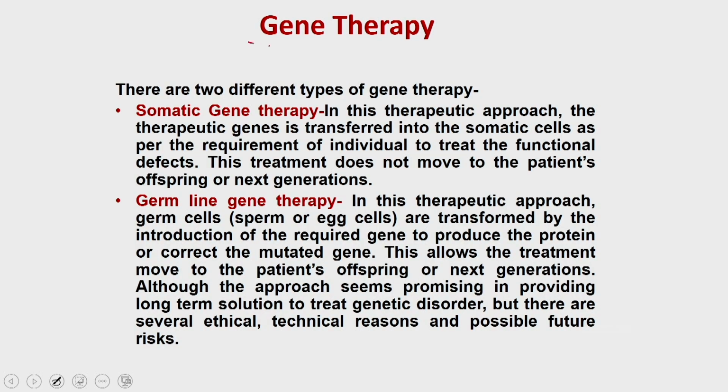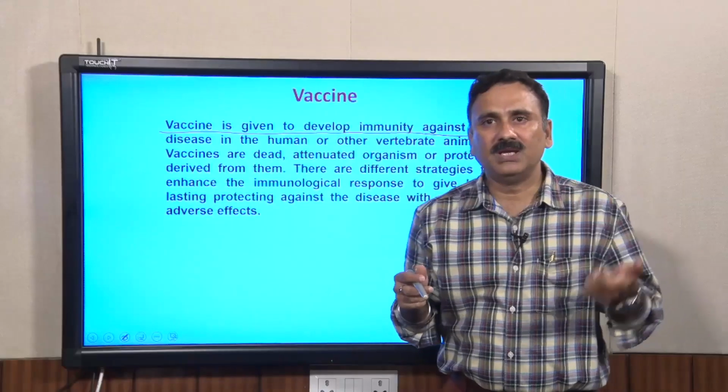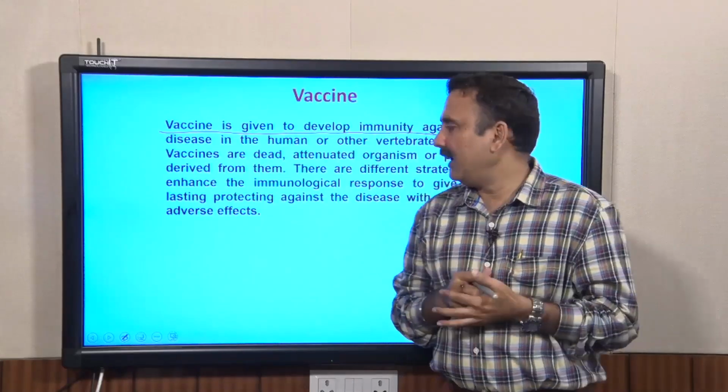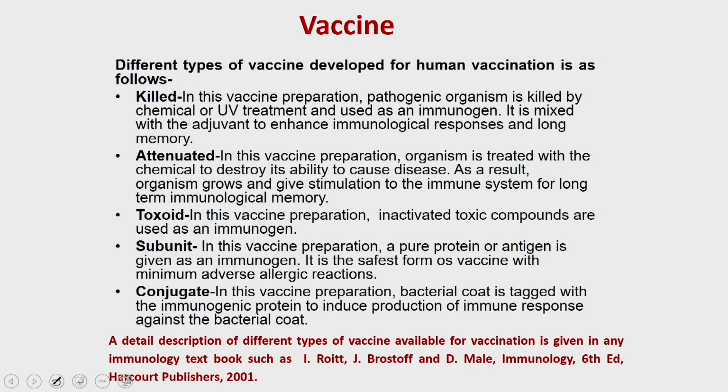Then we also discussed gene therapy, the somatic gene therapy approaches and the germline gene therapy approaches, and the different types of vaccines being developed to produce immunity in kids as well as adults, whether killed vaccines, attenuated vaccines, toxoids, subunit vaccines or conjugated vaccines.